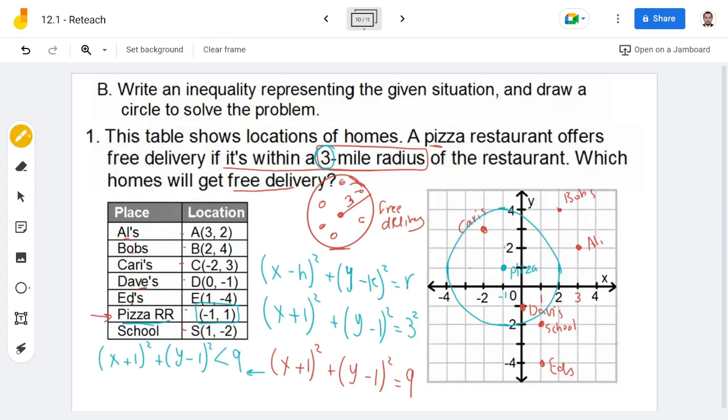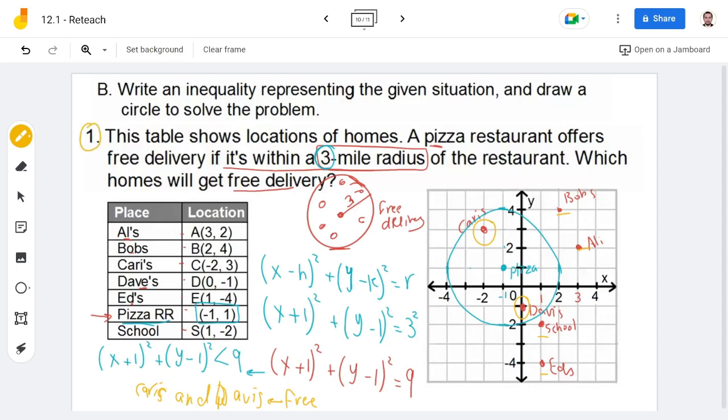As you can see, Chris and Davis will have a free delivery, and all the others, like Bob's, Ali, the school or Edis, will not, because all of these points are outside the circle. This is how we can solve the question. So only Chris and Davis will get the free delivery.